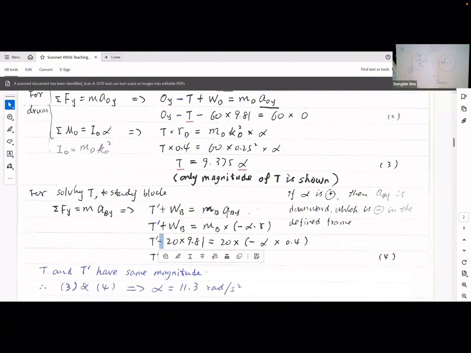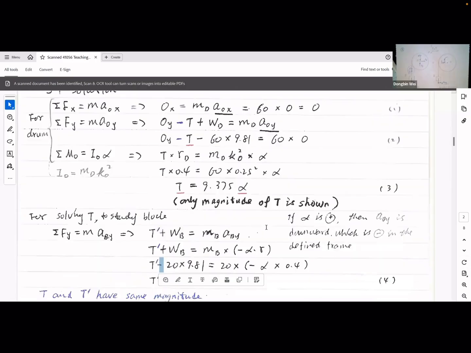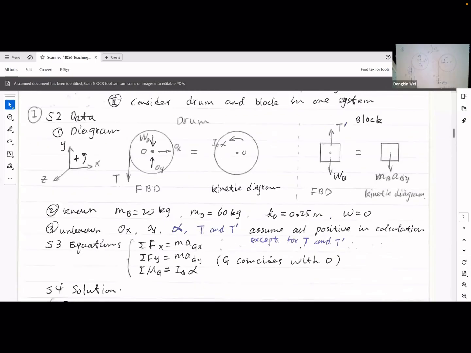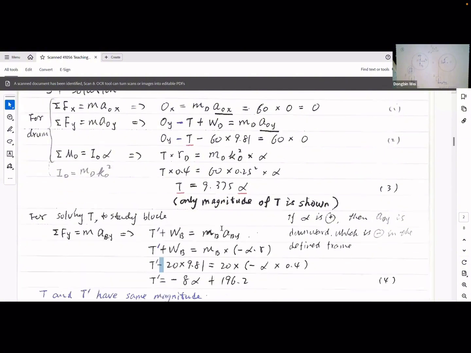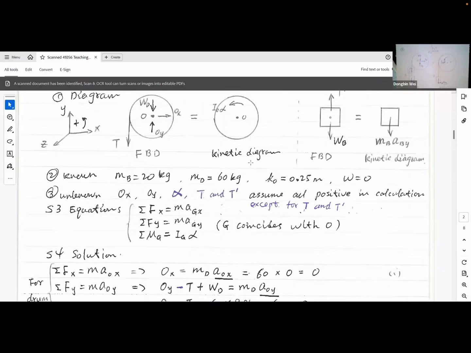For AB, you can see AB, this direction should be related to the direction of alpha. Okay. So when you express ABY, the magnitude is alpha times R, and the direction of AB must be downward.